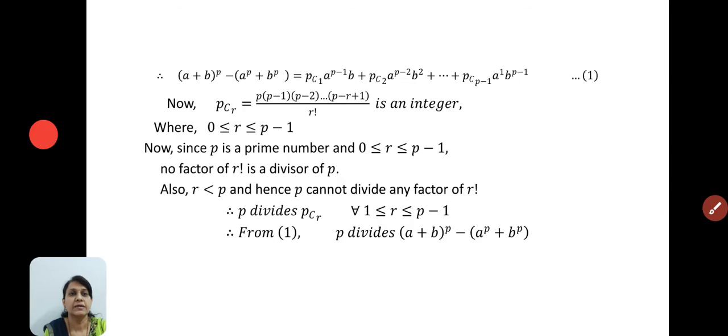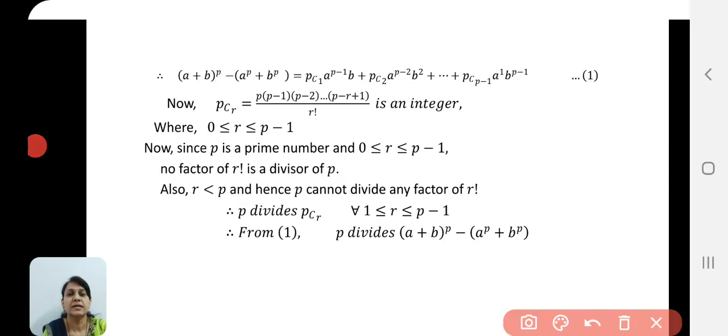Then (a plus b) raised to p minus a raised to p plus b raised to p equals pC1 a raised to p minus 1 into b, pC2 a raised to p minus 2 into b square, and so on, up to pC(p minus 1) a raised to 1 b raised to p minus 1. Let us call it equation 1.